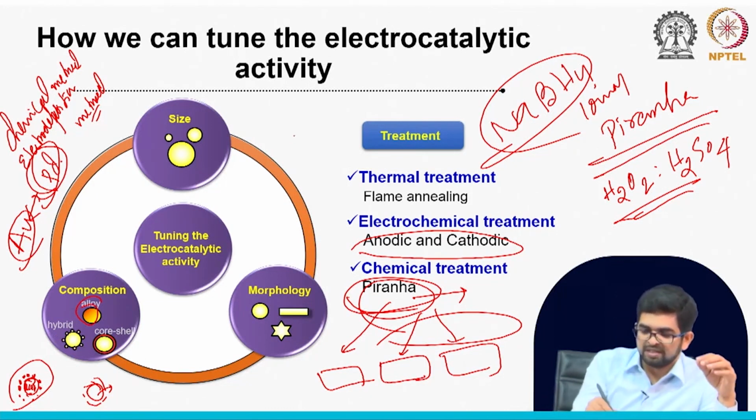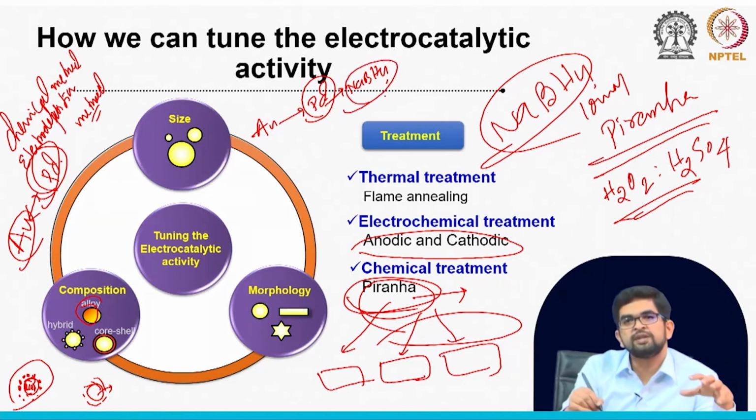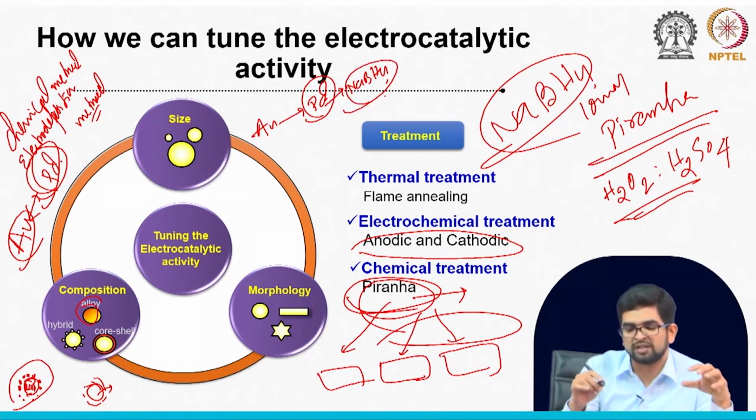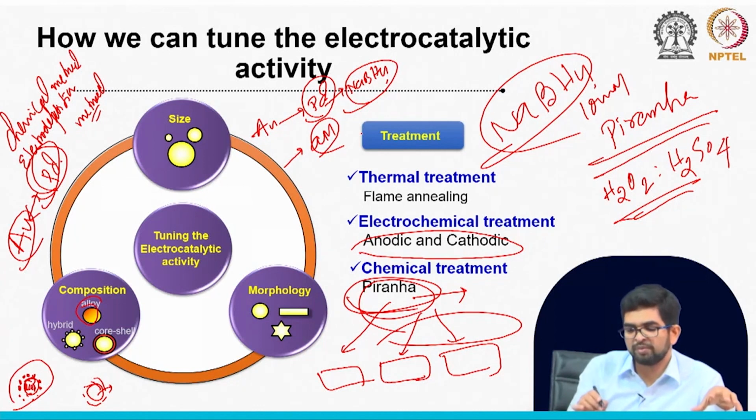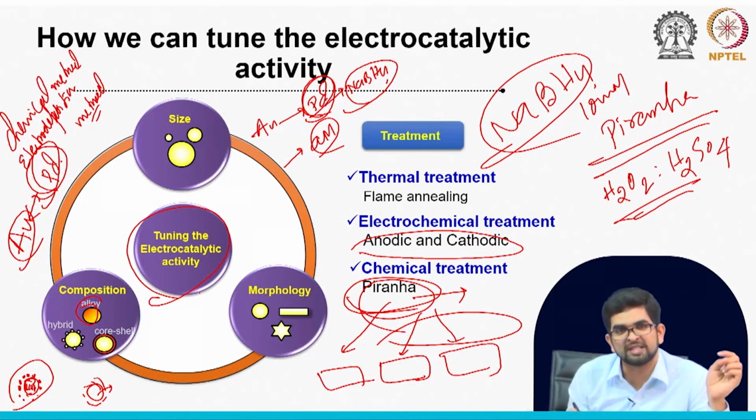You can remember when we converted gold to palladium, with the sodium borohydride treatment this activity was so fast and so high that you can achieve attomolar detection. Why is it possible? Because this nanoparticle behaves something else. So why should you not try something else as a tuning factor for the biosensor development?